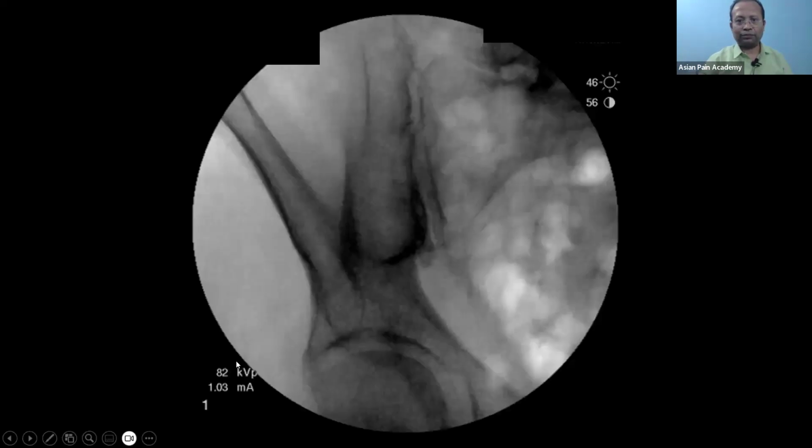Okay. Here you can see, as I told you, when we see from one side, like contralateral oblique, then we will be able to see the joint in one line. Of course, it is not always true, because this is not something like a parallel wall. It is also bumpy.